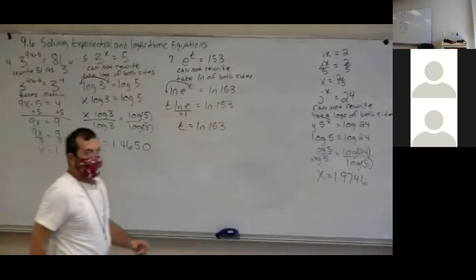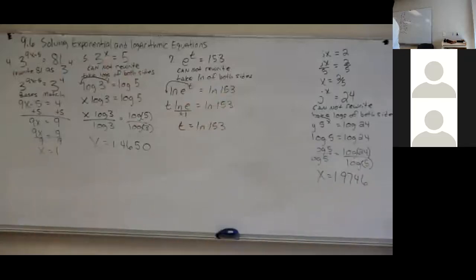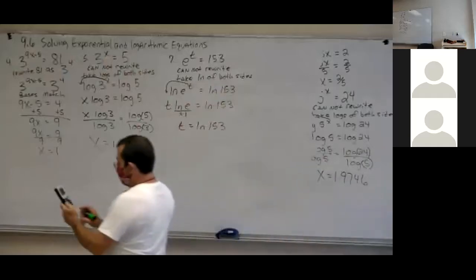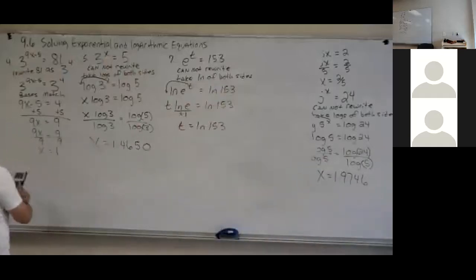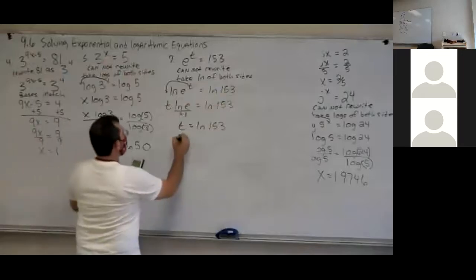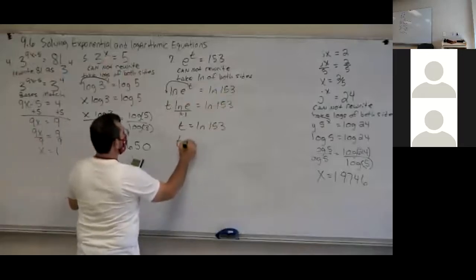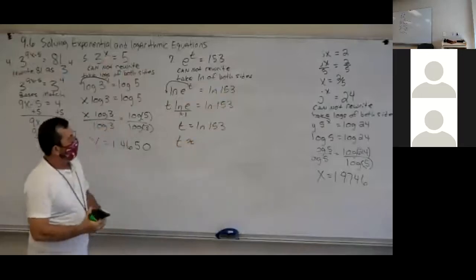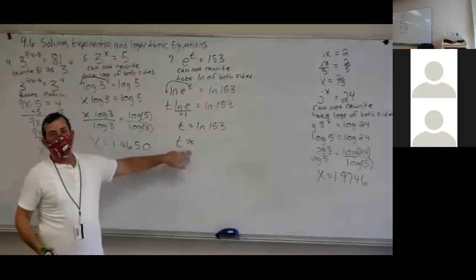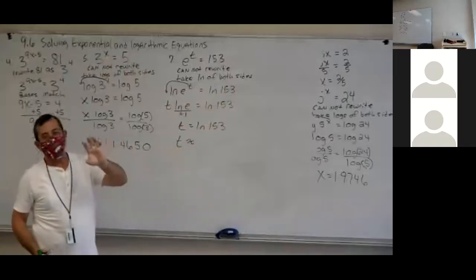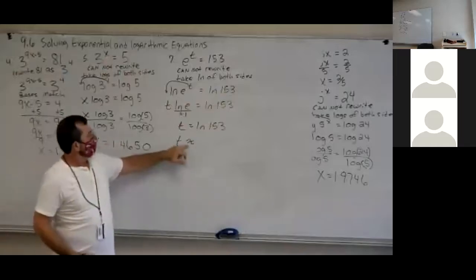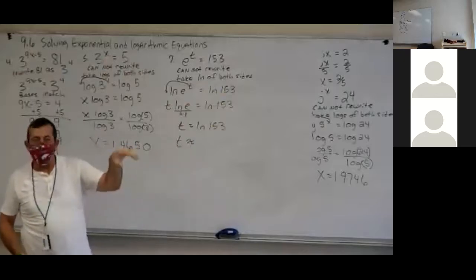All right, so let's see, what is the ln of 153? I got my ln on the front of here, so let's see, ln 153. So I'm getting t is approximately, and really when you're using, I'll put equals, but when you're estimating decimals, the squiggly means you're approximating them.